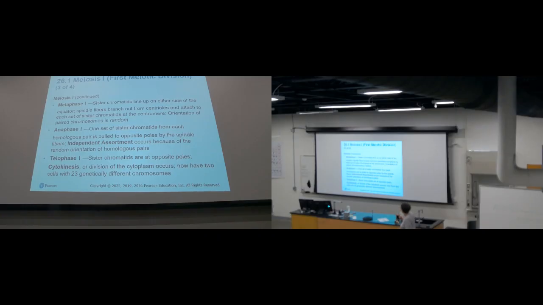In anaphase 1, one of the homologous chromosomes is pulled from the other so that they go to opposite cells. This is known as independent assortment, because you already have a random orientation of these chromosomes in metaphase 1, and then you separate them randomly too in anaphase 1.